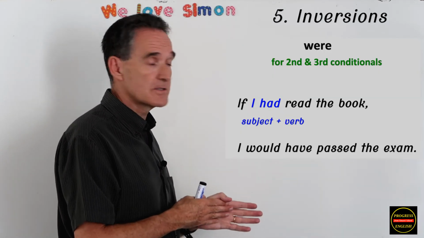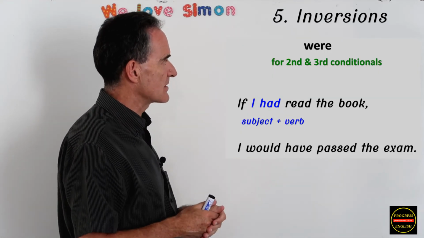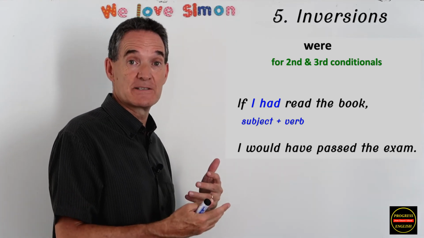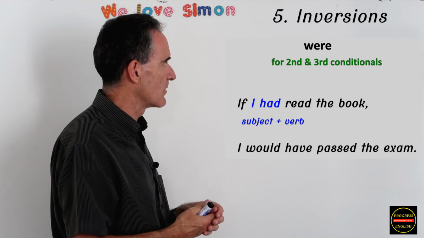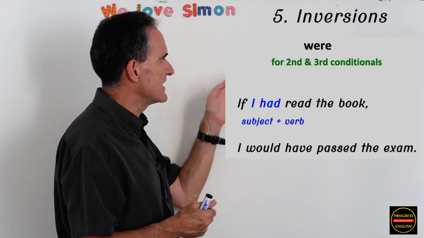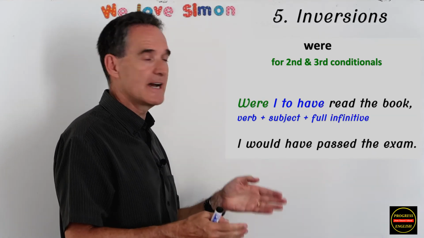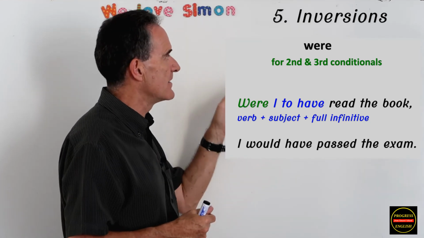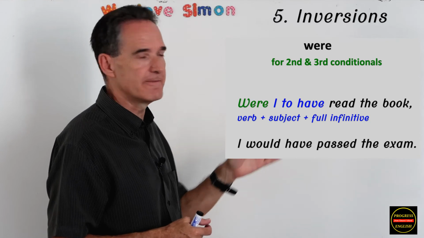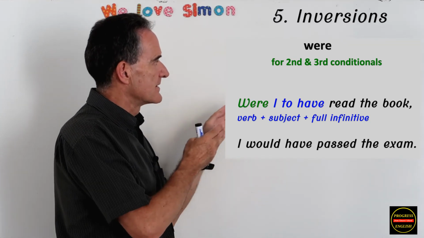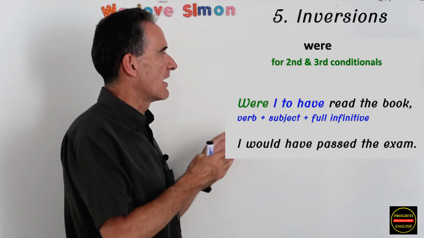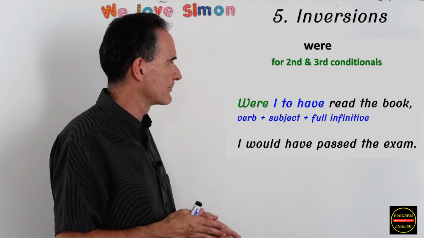Look at this sentence. If I had read the book, I would have passed the exam. How can we make this sentence much more interesting? Well, we can substitute the if with were, and we have to substitute the had of the past perfect with the infinitive to have. So now we have, were I to have read the book, I would have passed the exam.